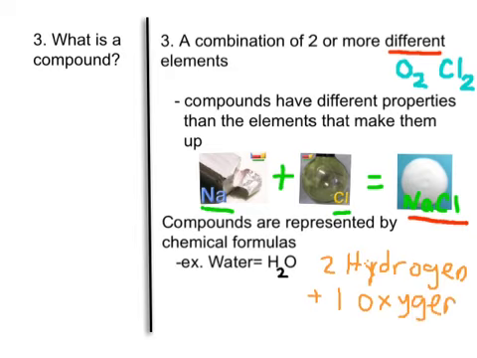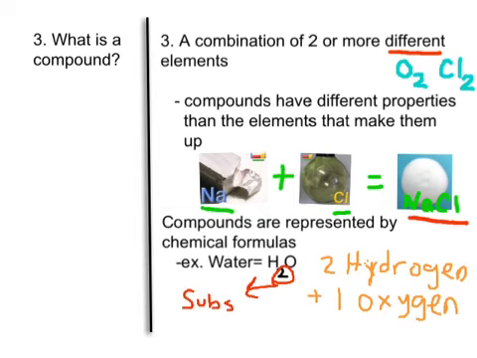So when we combine hydrogen, which is a gas, and oxygen, which is a gas, we get a liquid called water. And again, this little symbol here, this 2, is what we call a subscript.